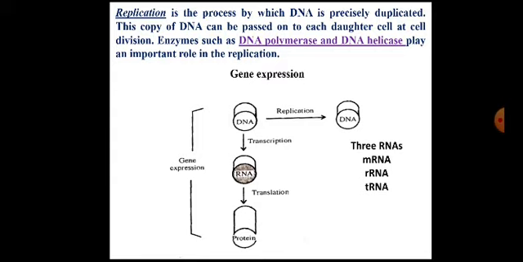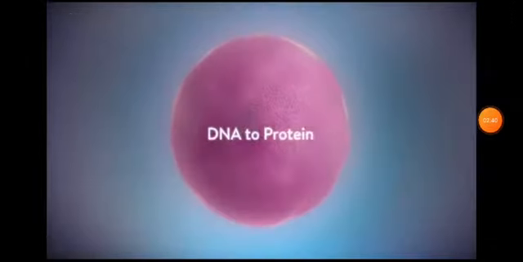These transfer RNA, as the name indicates, are responsible for transfer of amino acids to the growing polypeptide chain. And finally, it leads to synthesis of a polypeptide chain. We call it as protein. DNA to protein.